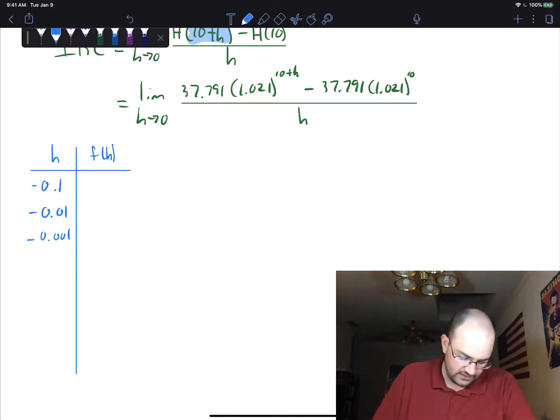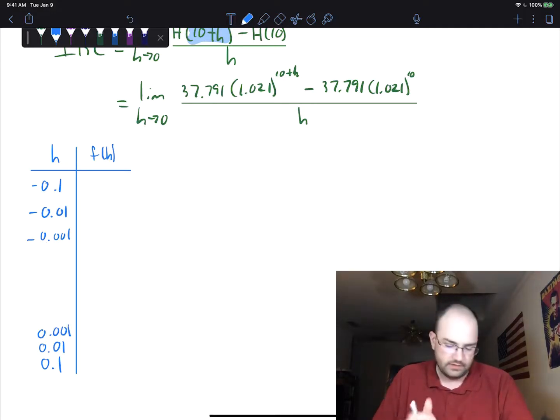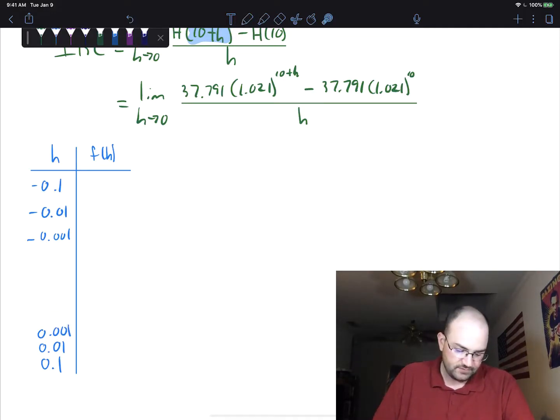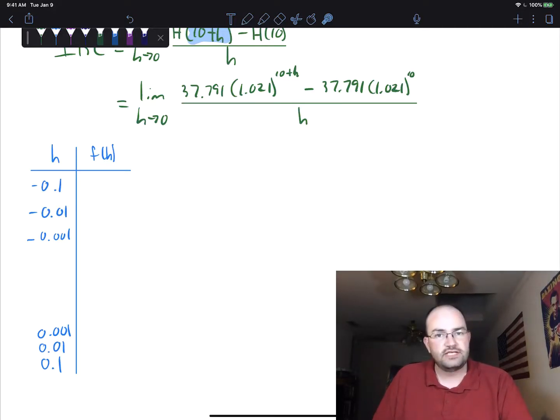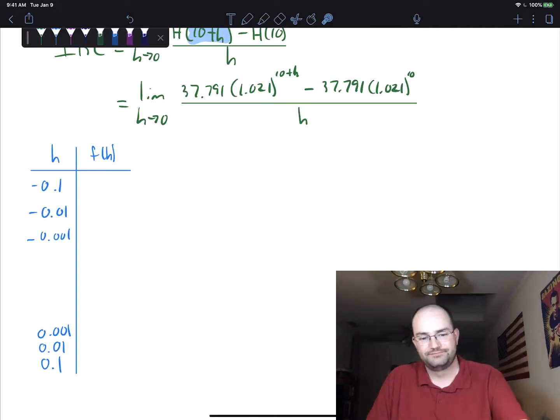Then I'll start with 0.1, then 0.01, then 0.001 and go from there. I've left a little bit of space because I don't know if I need more. Exponential functions have a way of being a little bit weird, especially when the base is really close to 1, so it's not a guarantee that that's enough data. But we're going to go to the calculator and see if it works. I'll see you there.